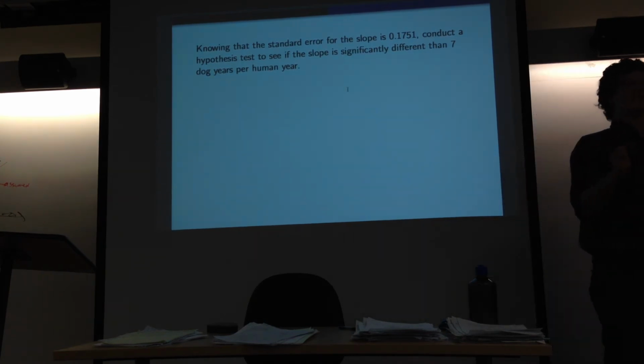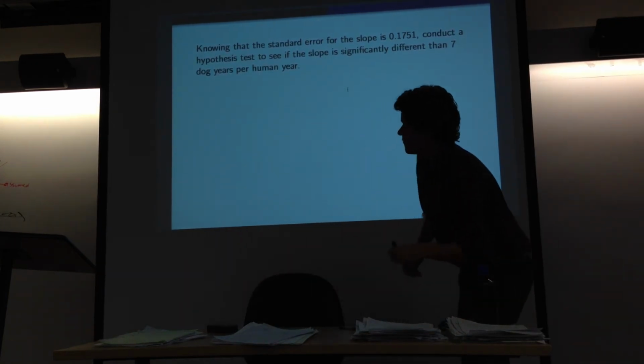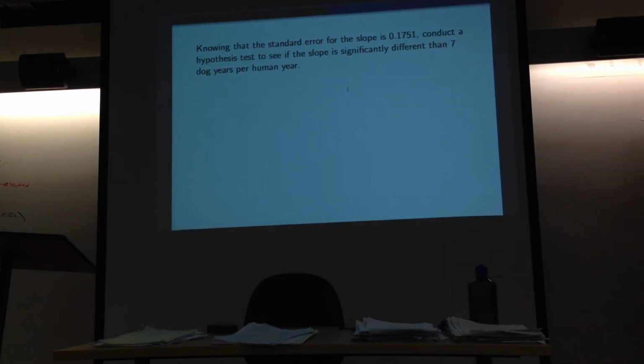This is a little tricky because, prior to this question, what have we only asked you about in terms of hypothesis tests for the slope? What's the H naught that we've typically seen for beta 1?